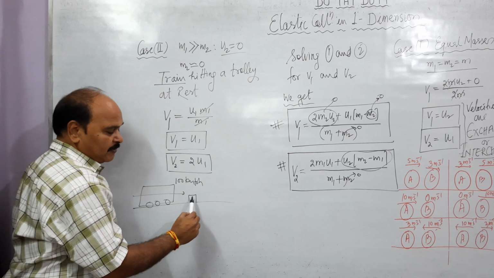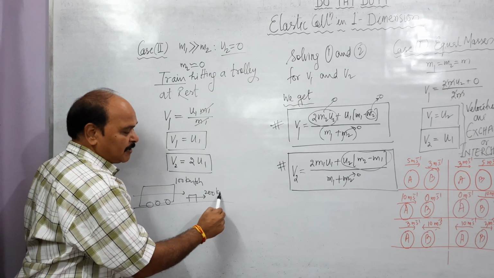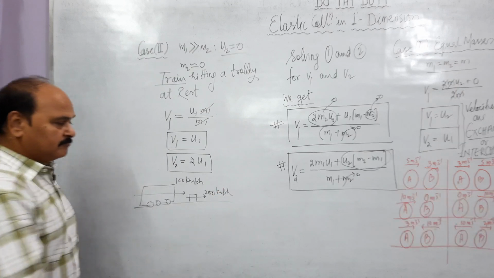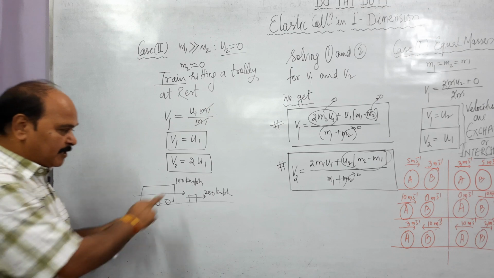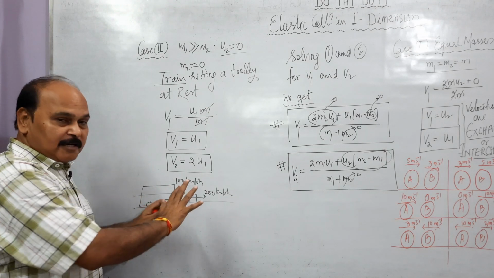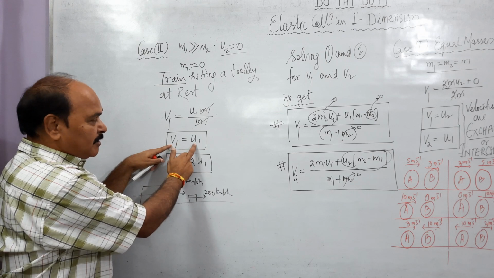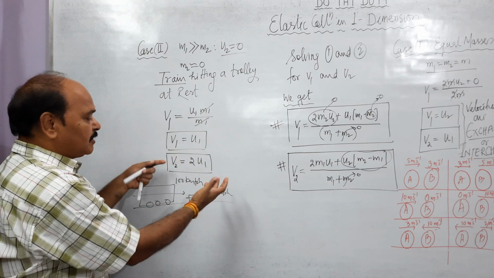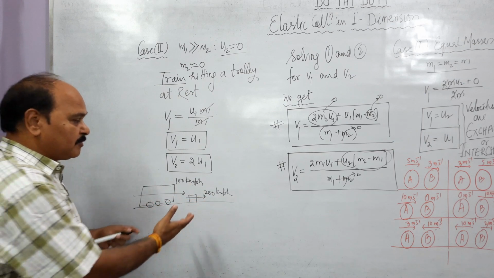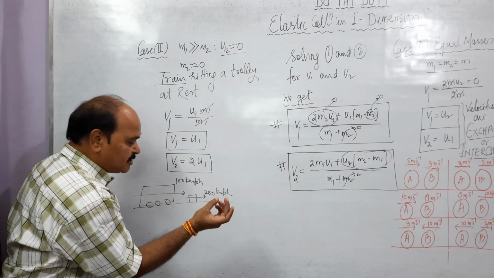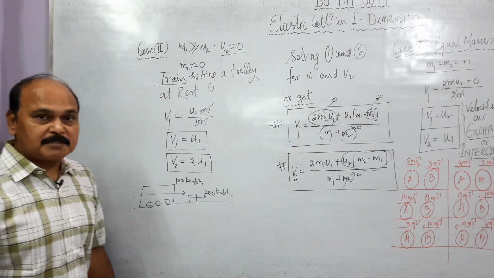But the velocity of the trolley becomes 200 km per hour immediately after collision. The trolley which was at rest, all of a sudden after collision starts moving with twice the velocity of the train, twice the velocity of the heavy mass.